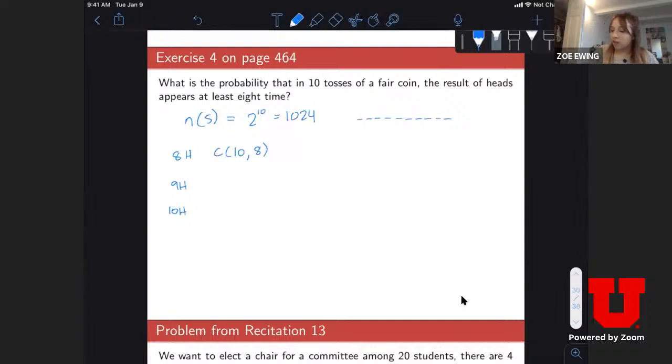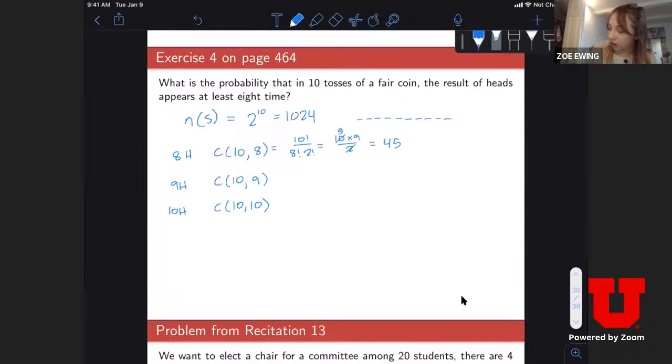All right, and then for 9 heads, we do the same. 10 choose 9, and then 10 choose 10. Okay, so 10 choose 8 comes out to 10 factorial over 8 factorial times 2 factorial, which is 10 times 9 over 2. And we can cross it out, so it'll be 45.